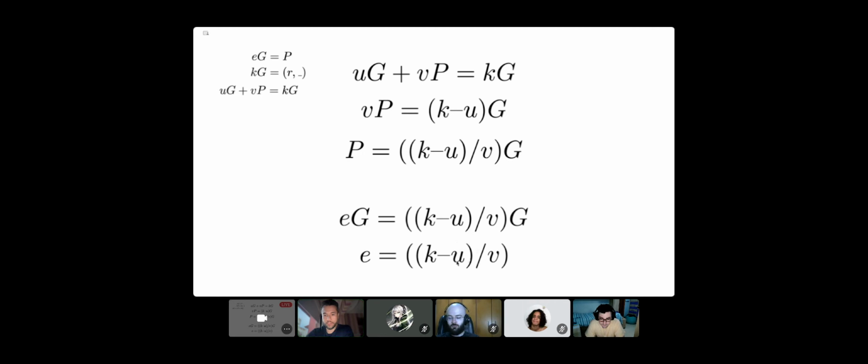I have to choose U and V. This is my goal now, right? I can just randomly pick U and calculate V from this equation, but this is not what I want to do because I want to sign a specific message. I'm not signing nothing. I'm committing myself to a specific message.